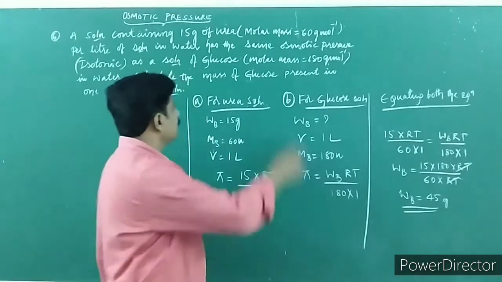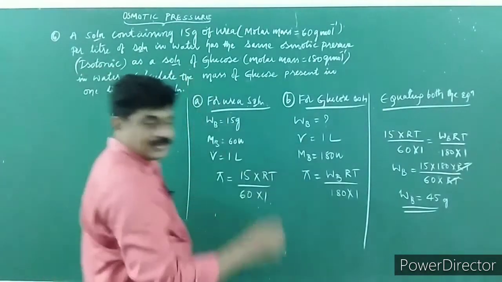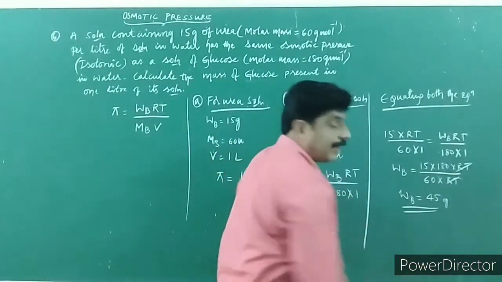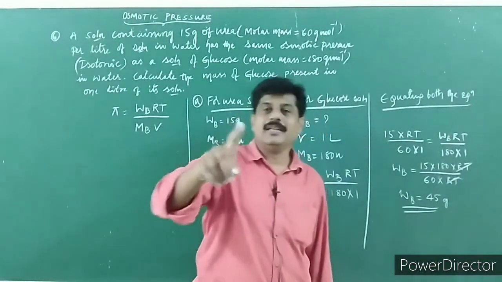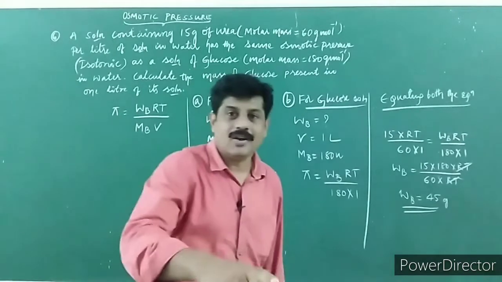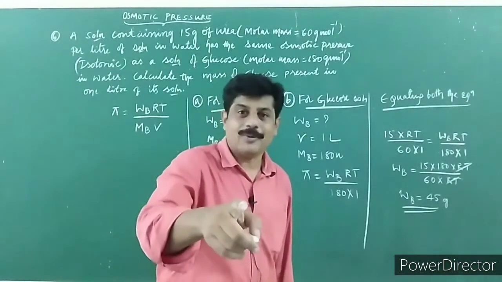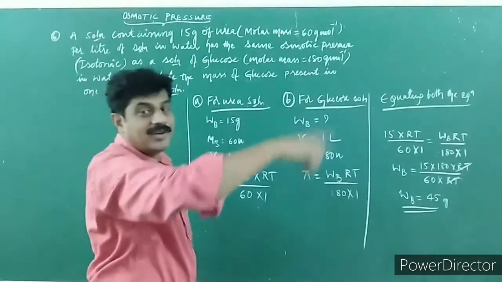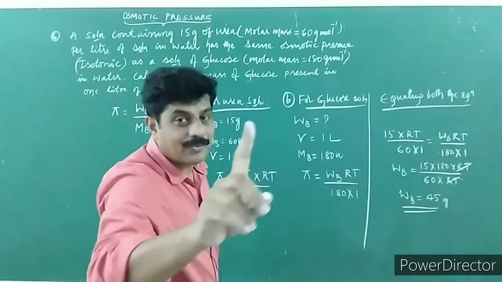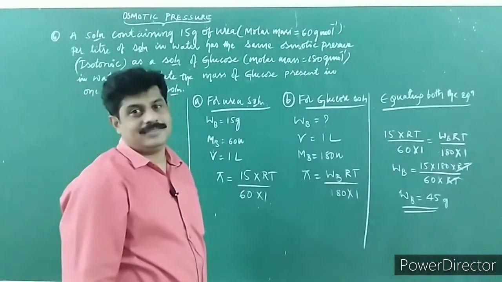What is WB here? Glucose. That means 45 grams of glucose need to be dissolved in 1 liter of water to get an osmotic pressure equivalent to the urea solution, which is prepared by dissolving 15 gram of urea in 1 liter of water.